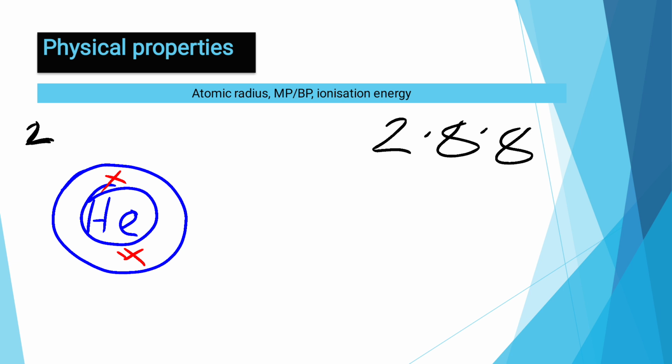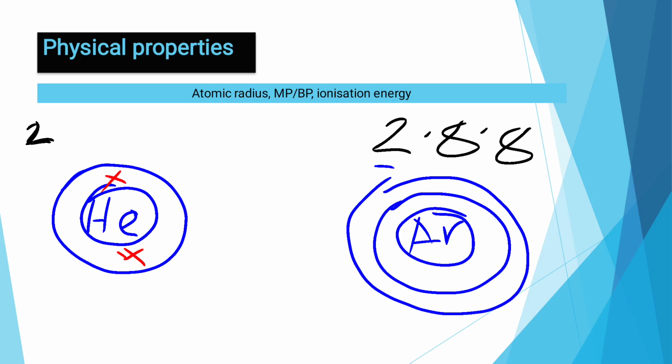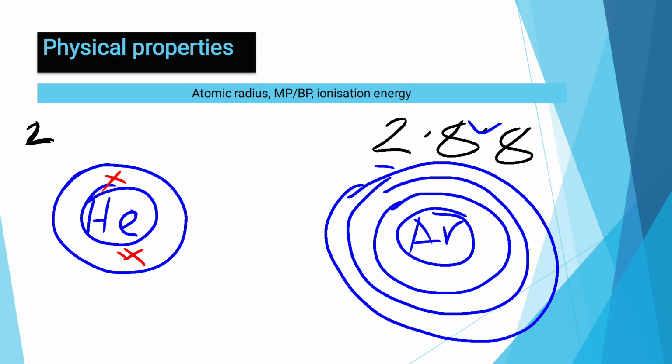If we were to draw the structure now for argon, we would have argon, and then the first energy level with 2 electrons, the second energy level with 8 electrons, and then the last energy level also with 8 electrons.